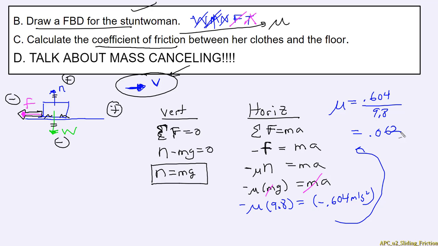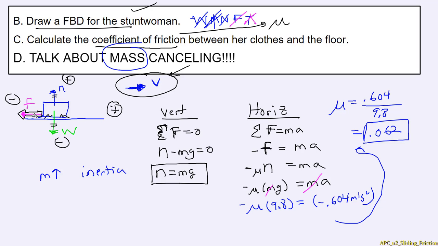Okay, so even though you had her mass, do not worry if a problem doesn't give you mass. And I'll quickly talk about why that makes sense. As the mass goes up, her inertia goes up, and she wants to keep going forward with more intention.